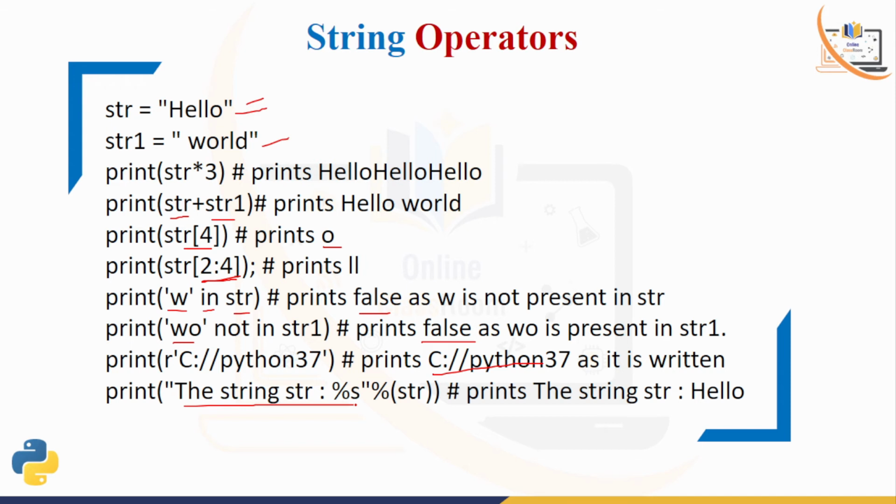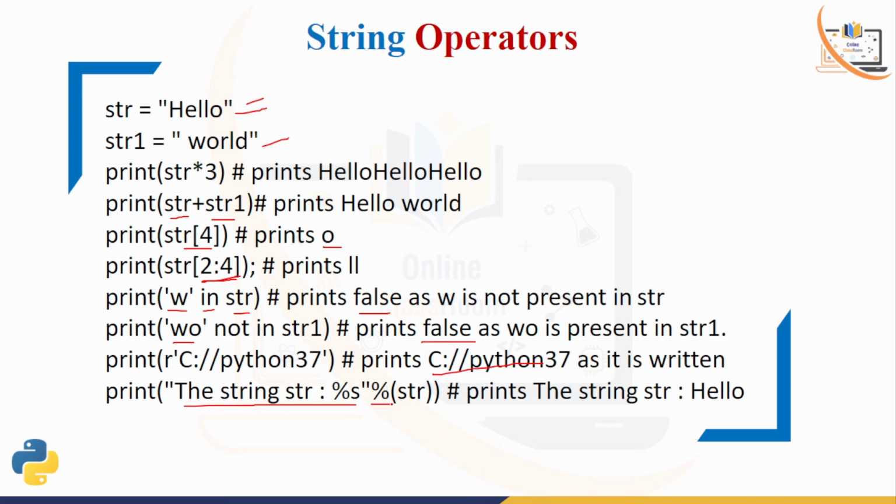In the same way, if we want to print some string, for example the output is hello, but before hello I want to write 'the output is', then we have to use %s.